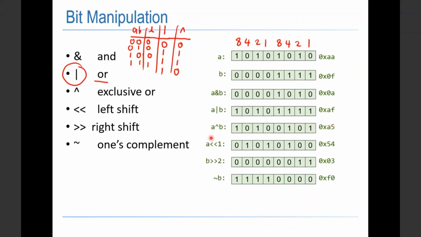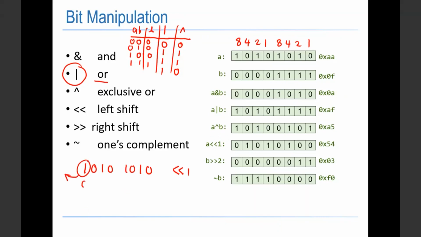Okay, what about this one? It means you're going to shift to the left. How many bits? 1 bit. So you just take your A, 10101010. Shift 1 time.